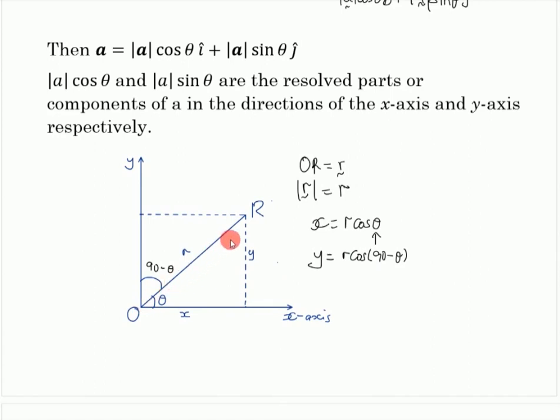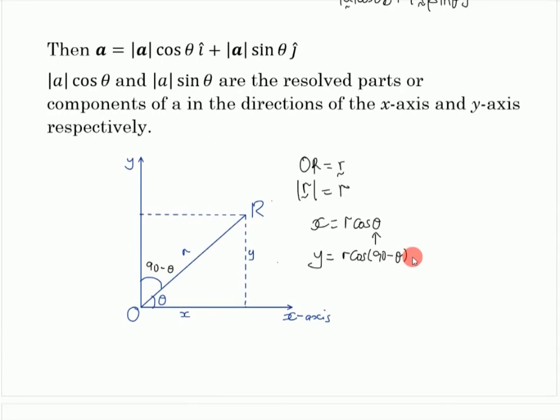Get the magnitude of that and the cosine of this angle. What are you doing? I'm resolving this along the vertical. Get the magnitude of this vector times the cosine of the angle between the vector and the direction in question.